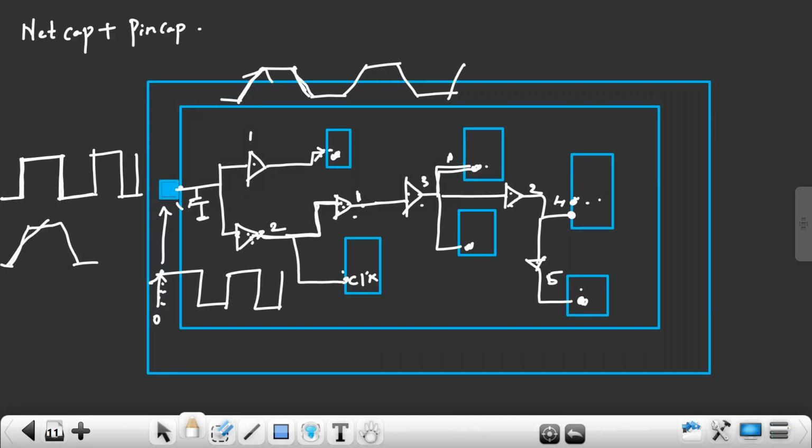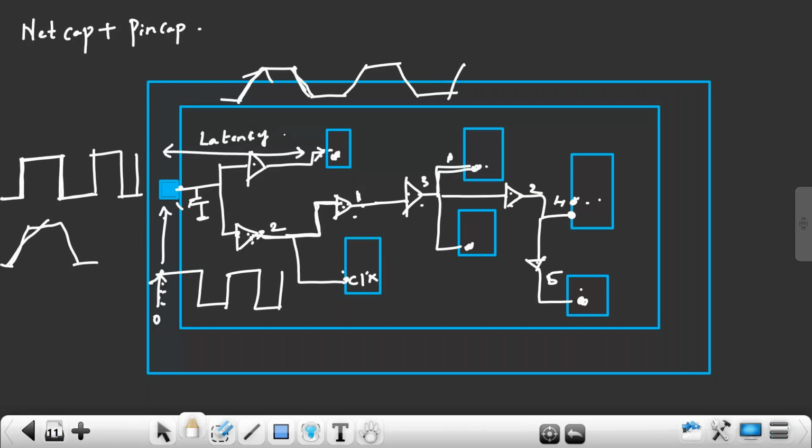To reduce the load on the clock port, to reduce the fan out, to reduce the net length, we build what? We build a clock tree. See here, the edge I am getting at 0 nanosecond, but for this clock I am getting it after 1 nanosecond, because I have buffer delay. This is called latency.